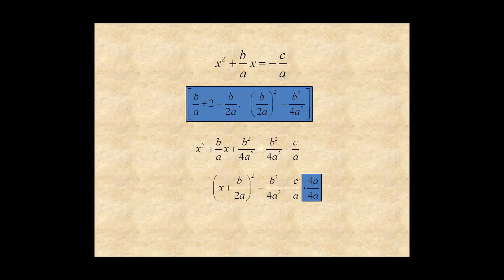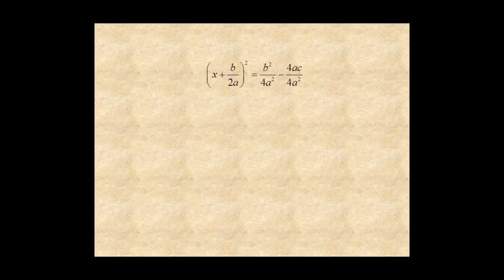And the second term becomes 4ac over 4a squared. Now that these two terms have a common denominator, you can add them together.